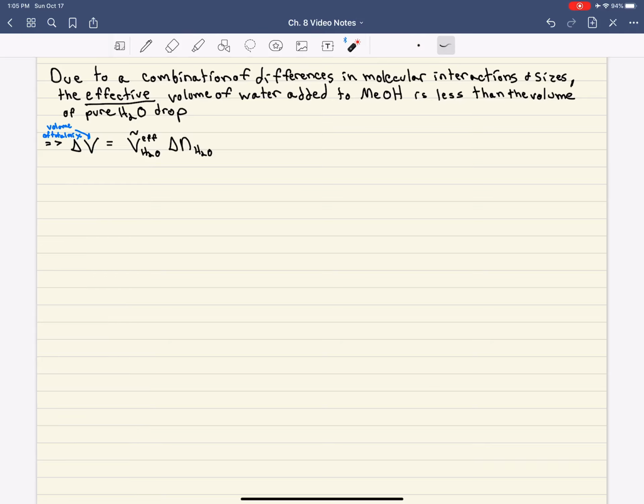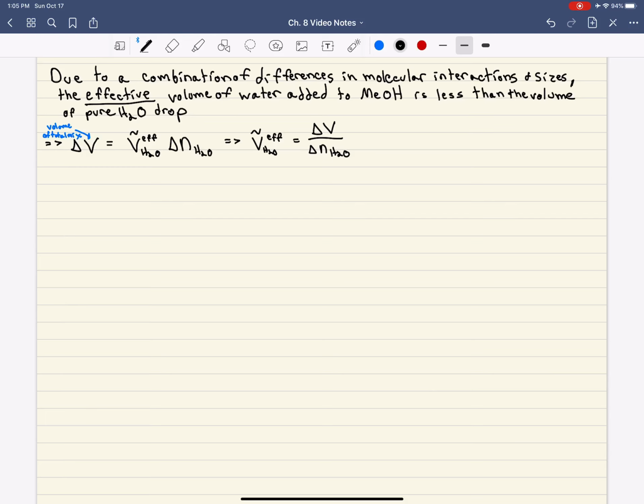So molar volume is volume over moles, and then this is moles, so that in the end we just get volume. Okay? And so essentially that's what the total change in volume of the mixture is. It's just a product of the effective water molar volume times the amount of moles we're actually adding to the system. If we rearrange it, we get that the effective molar volume of H2O is equal to delta V over delta n H2O, right? That just comes from the algebra.